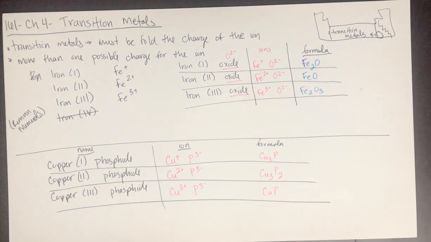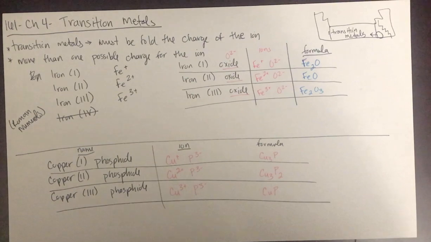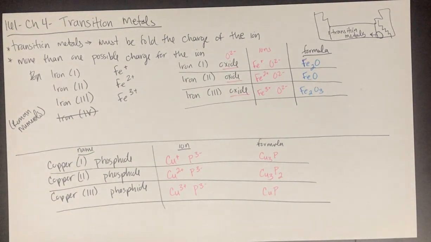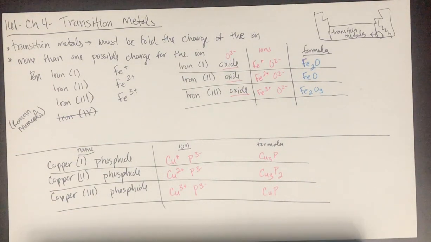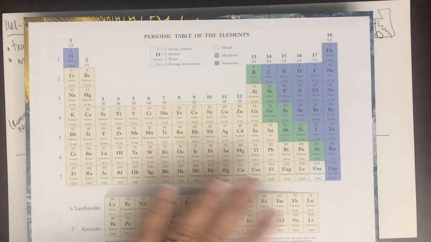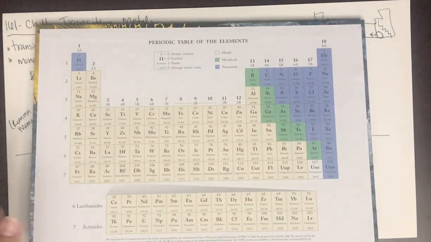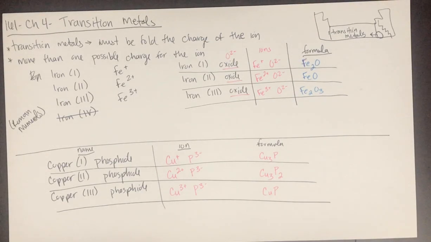We also will do some practice where we go from the formula to the name. And that's a little bit tricky because you have to know that when you're dealing with anything that is in this middle section here, you have to show the Roman numeral in the name.